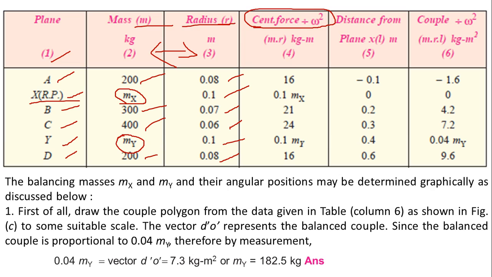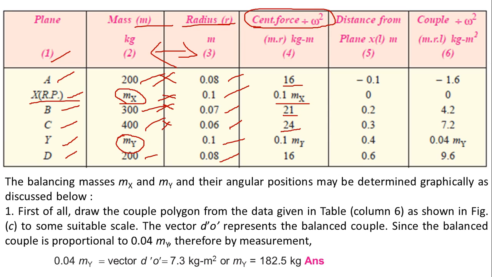Okay. So 200 into 0.08, you get 16. Mx into 0.1, you get 0.1 into mx. 300 into 0.07, you get the value of 21. 400 into 0.06, you get 24.